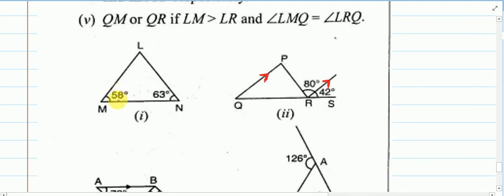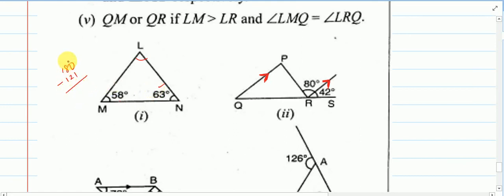Opposite to LM we have 63 degree, and opposite to MN we don't know, so we have to find. 180 minus 58 plus 63. 50 plus 60 will be 110, and 11, so 121.